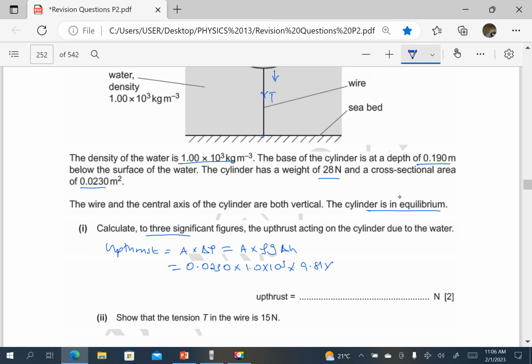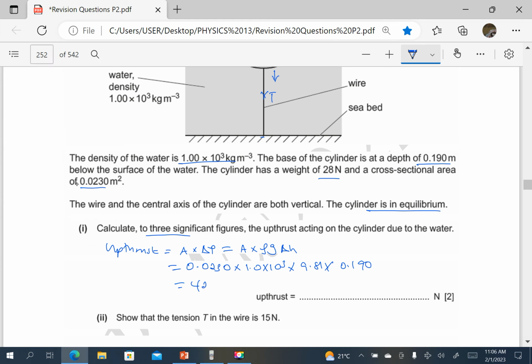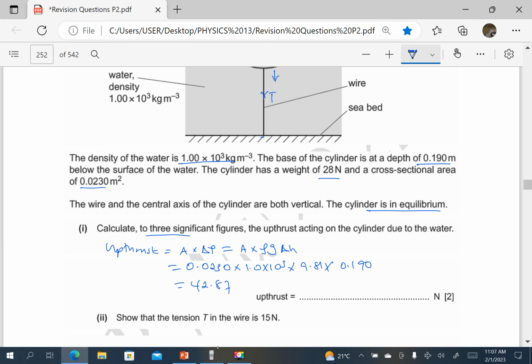The change in height is the depth, which is 0.19 meters. So 0.023 times 1 times 10 power 3 times 9.81 times 0.19. We get 42.87, or approximately 42.9.